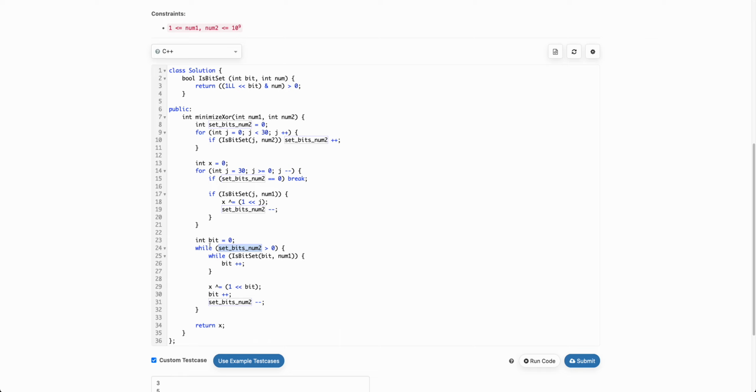And again, we are checking if there are still some bits which are required to be set. If there are, we'll find the first bit which is not set. So basically, until this bit is set in num1, keep on incrementing the bit, and finally we'll land on a bit which is not set, and we set it in x. And then we increment our bit because we don't want this bit. We will start from the next bit and decrement the number of required bits to be set.